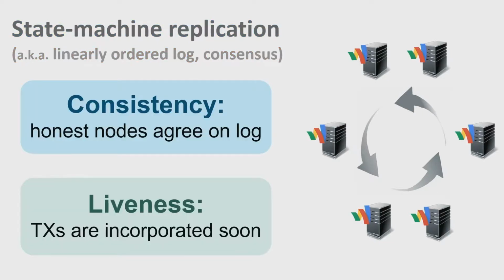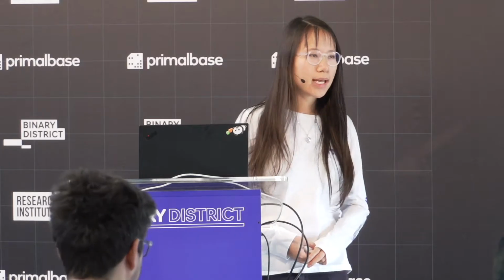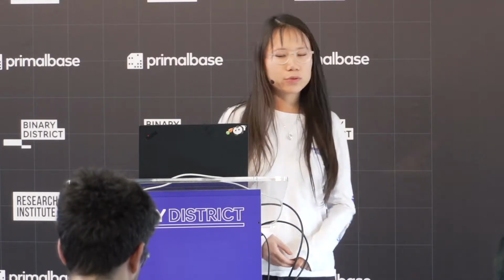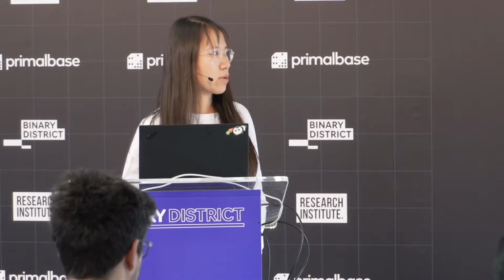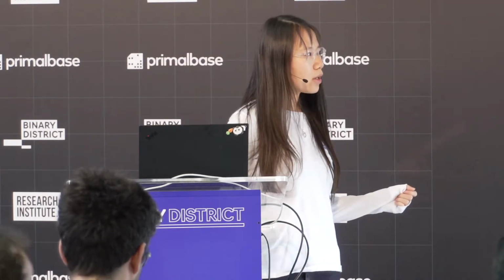More specifically, we want two properties, consistency and liveness. By consistency, we mean that honest nodes should agree on the same log, and once a log entry is confirmed, it can never be modified or changed in the future. By liveness, we mean that if some transaction appears, it should be included in the log very quickly.